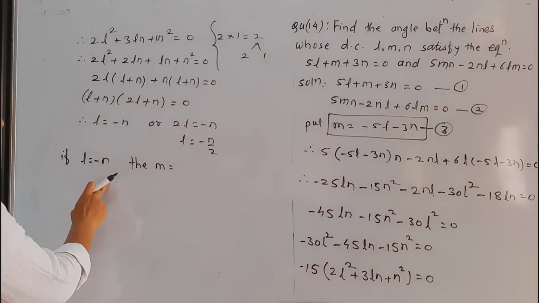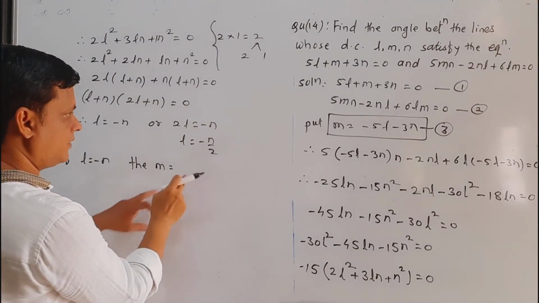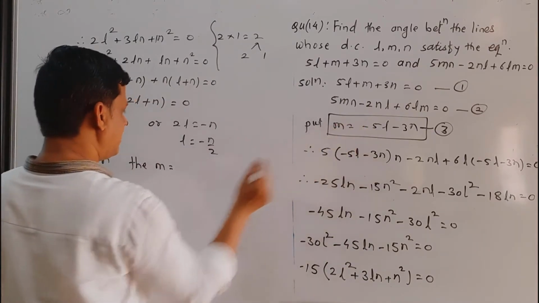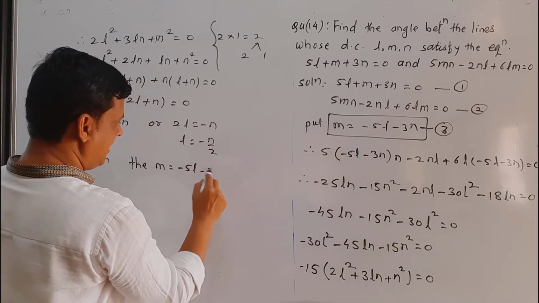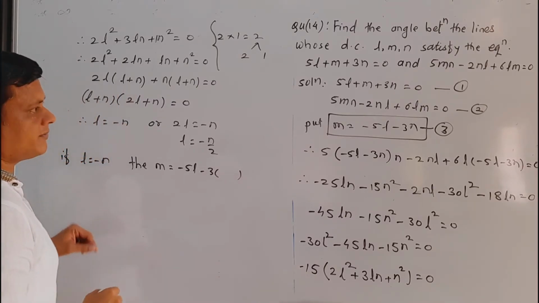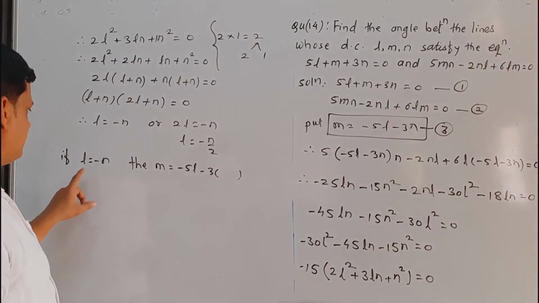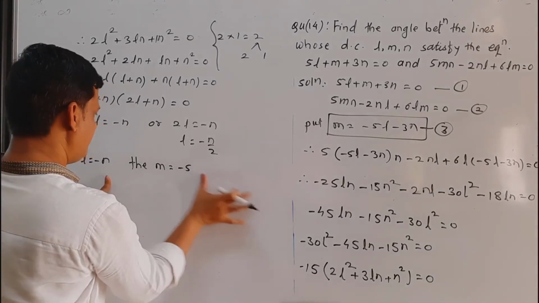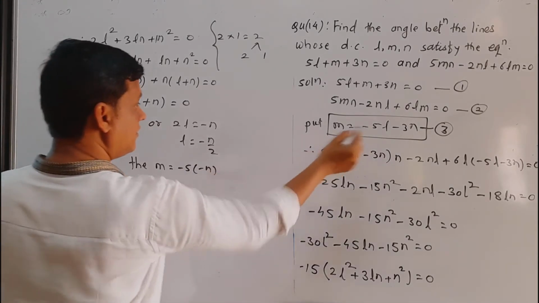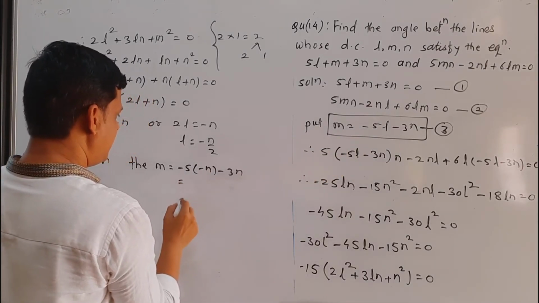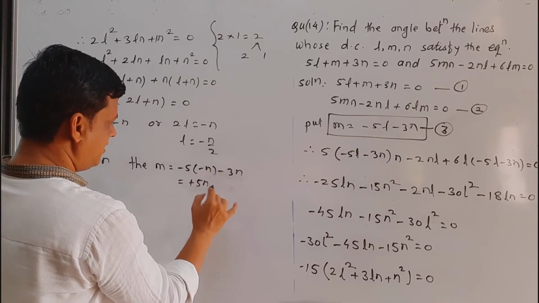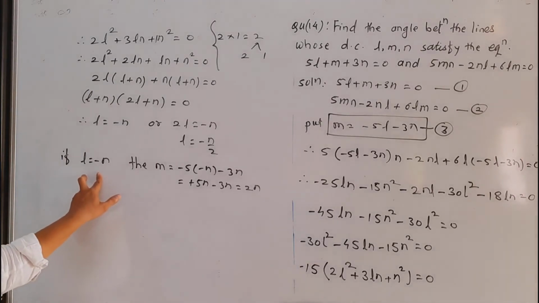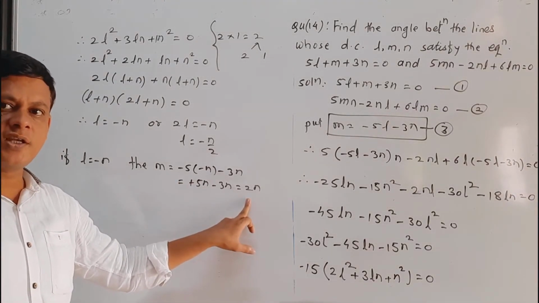So if L equals to minus N, then M equals to, we substitute the value of L as minus N, so this minus 5L as it is, minus 3 into N, we replace this L by minus N, then minus 3N, so we get here plus 5N minus 3N, which is equal to 2N. So when L equals to minus N, we get M is equal to twice N.